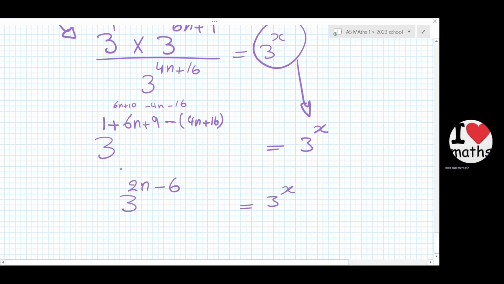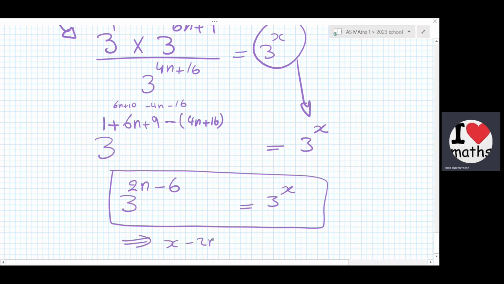For now, same base gives same power, so that means x is equal to 2n minus 6. So we get the relation.